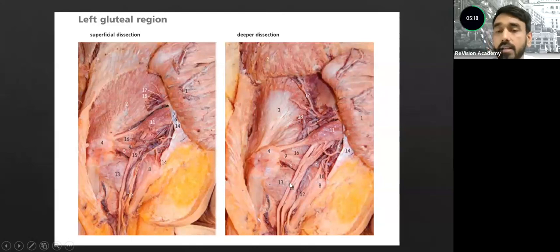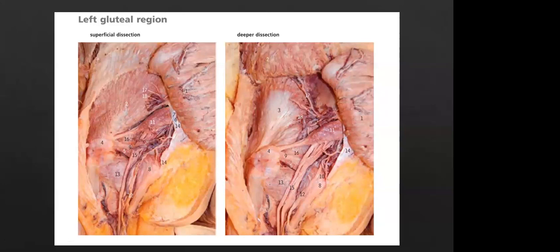Can you please tell me the surface marking of the sciatic nerve? The sciatic nerve is basically a curved line joining a point midway between the posterior superior iliac spine and the ischial tuberosity, and a point midway between the greater trochanter of the femur and the ischial tuberosity.